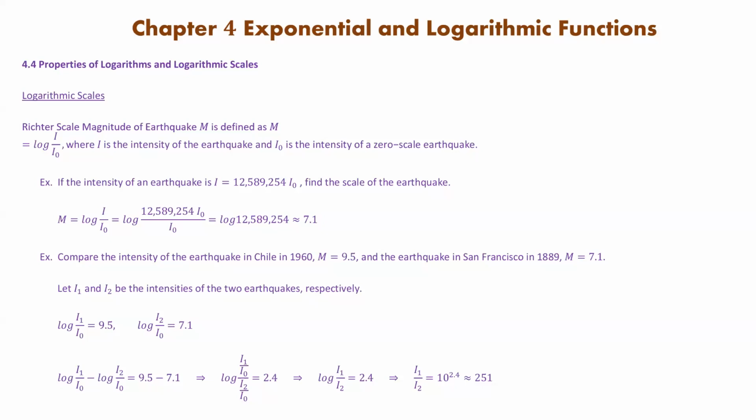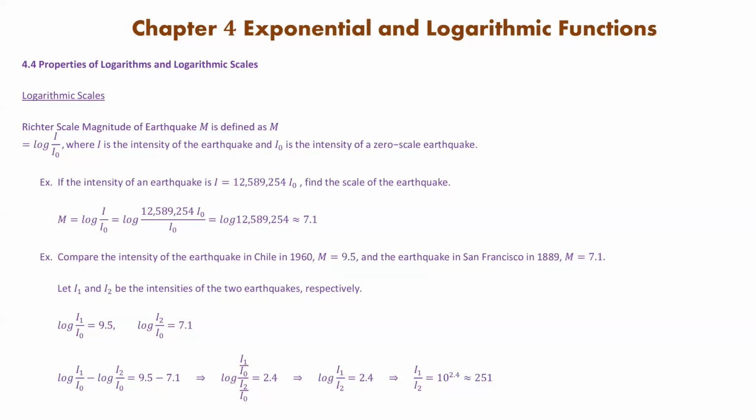And now we can figure out exactly the difference of the intensities of the two earthquakes. When we use a logarithm without any number denoted, it means the base is 10.